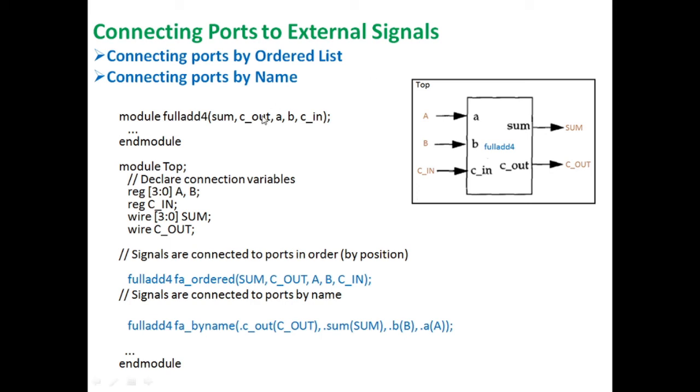So during the definition of the module, that is module full adder 4, this is the definition of the module. During this time, the ports, that is sum, Cout, A, B, Cin, in the port list have maintained some order, that is outputs first and inputs next. So during the module instantiation, that is full adder 4, FA ordered, the signals are connected to the ports by position, by order.